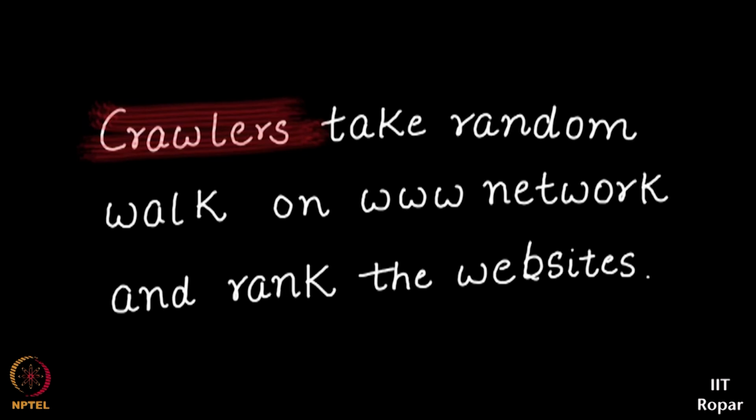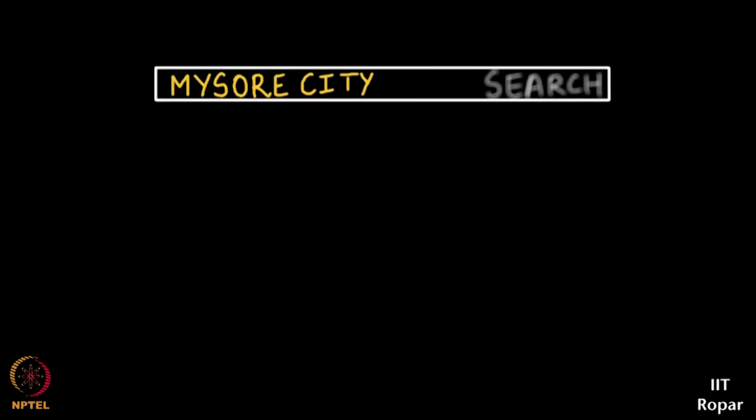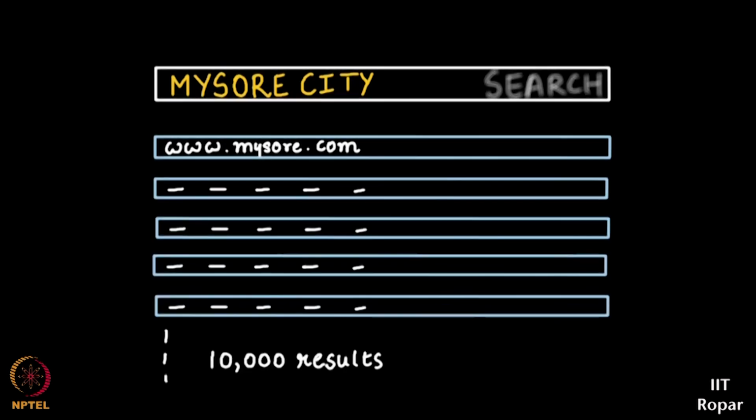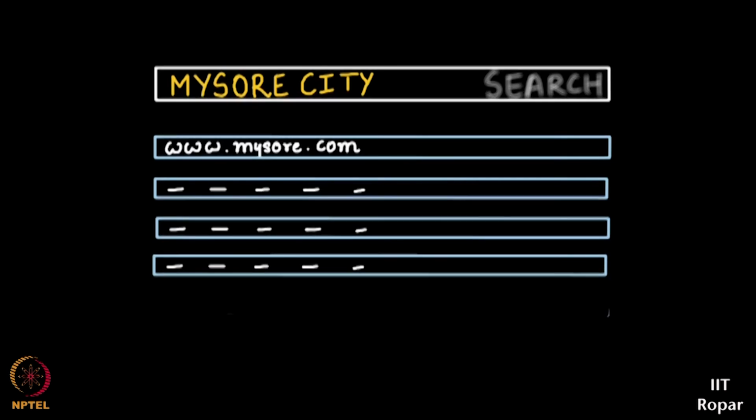Now, when you type the word, let's say Mysore city, it will look at all those websites which have the word Mysore, and then it will realize that there are 10,000 websites that have Mysore in it, but it will show you the top few sites that have accumulated top points due to this random walk.